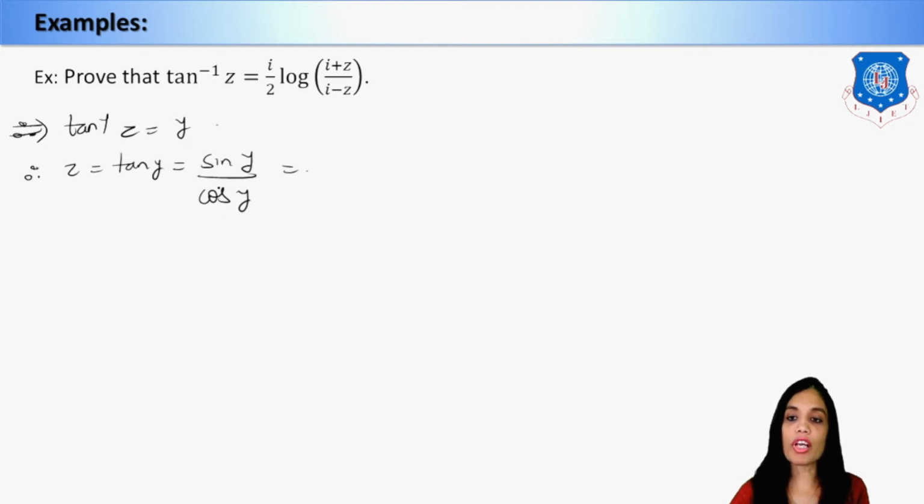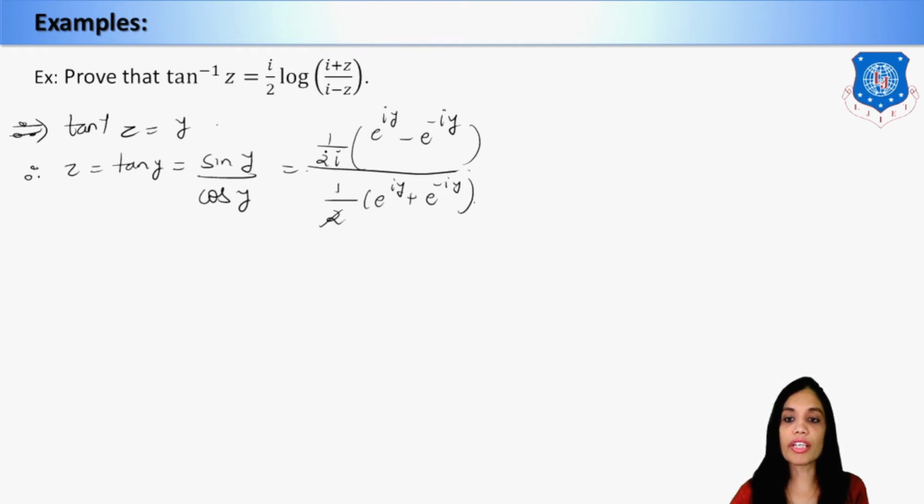And we know the formulas of sin y as well as cos y. This is 1/(2i) (e^(iy) − e^(−iy)) upon 1/2 (e^(iy) + e^(−iy)). Now these two will get cancelled out.